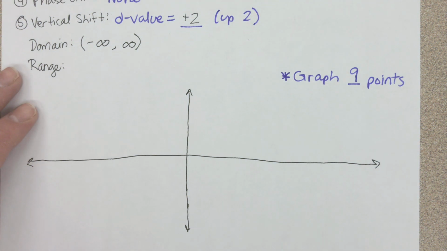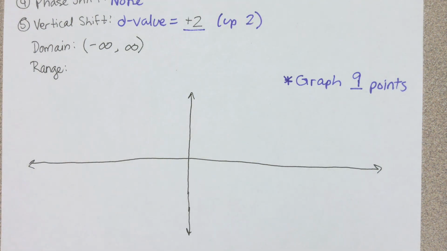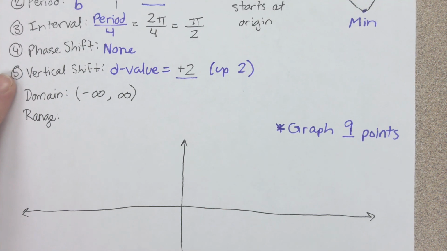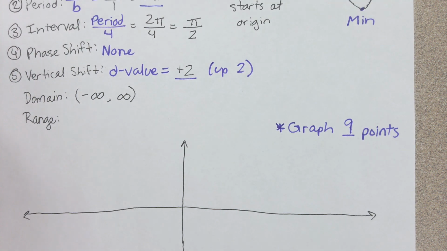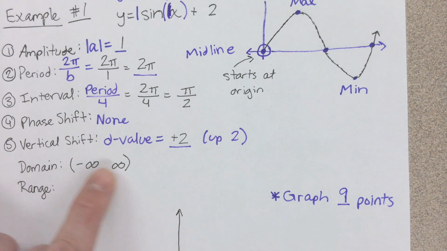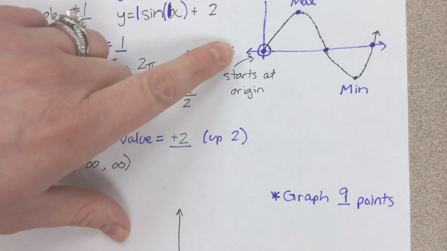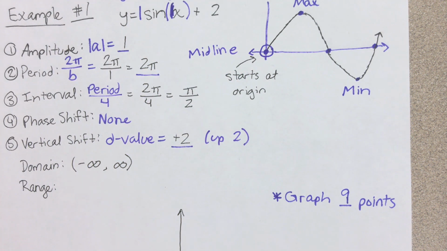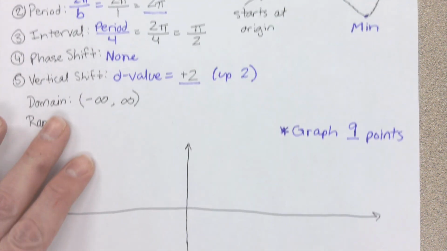The first thing you want to handle is the shifts, if you have any. So we have a vertical shift. I'm going to go ahead and take care of that now, just because that kind of dictates what all we do with the intervals, the notches that we draw on the graph. So we have a shift of up 2. So we're going to move the origin, which also happens to be the starting point, up 2.